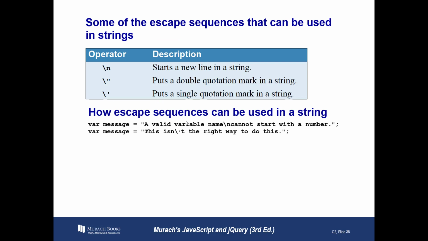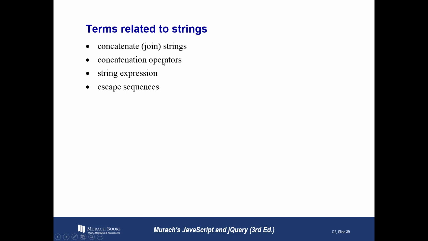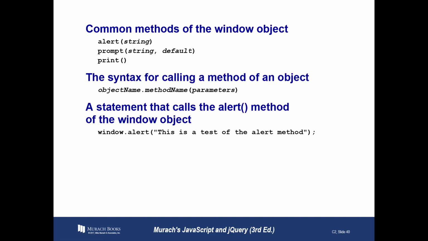The ones you will use the most often are \n for a new line, and \t for tab. You can again concatenate or join strings together with the plus sign or the plus equals. String expressions are expressions within single or double quotes. And escape sequences, the ones you'll use most often, are \n and \t.